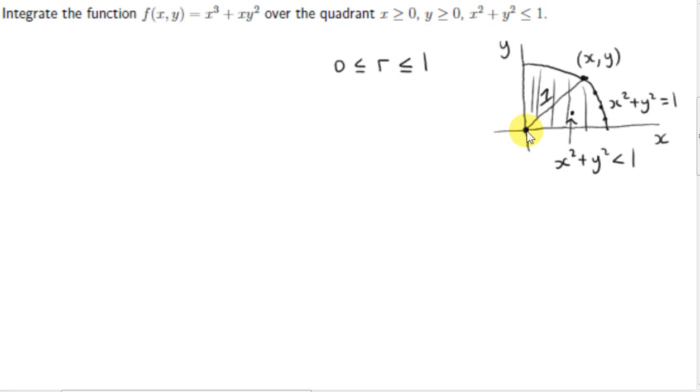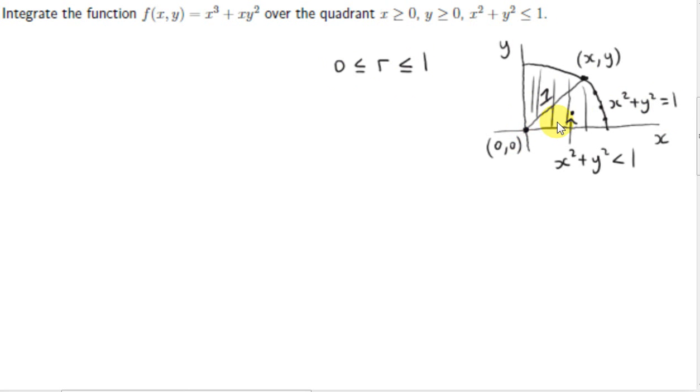If it's equal to 0, we have this point here. That's allowed because both x and y can be 0. Okay, x can equal 0 and y can equal 0. And r must be less than or equal to 1. Distance of the point to the origin is less than or equal to 1.